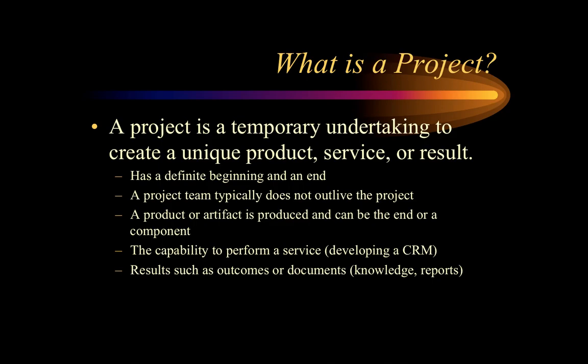There's some kind of output that is created at the end of that project. And for example, it could be a capability to perform a service as well. Or sometimes we produce outputs, such as documents, or we might create knowledge, which is an outcome. All right? So we have a combination of things that you could produce from a project initiative.